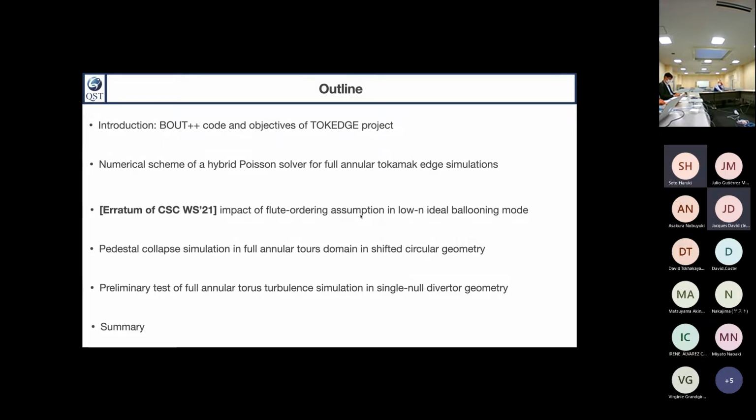After that, I will report the result of a production run of pedestal collapse simulation in full annular torus domain in circular geometry and a preliminary test of full annular torus turbulence simulation in single null diverted geometry carried out in the 2021 cycle, and then summarize my talk.